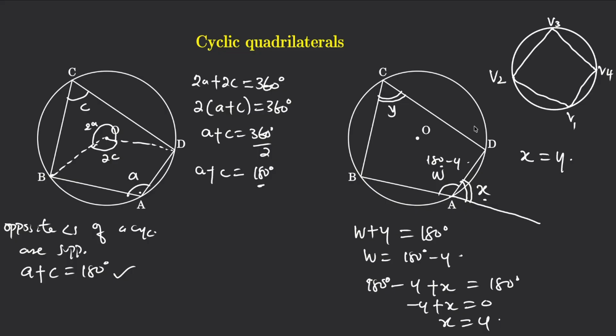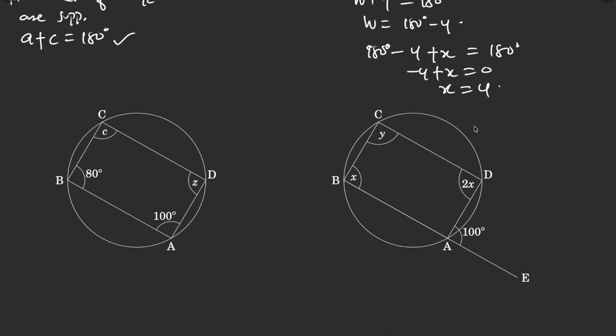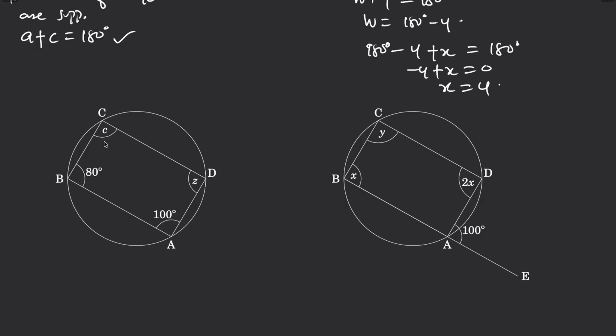So let's look at some examples. In the first example, we have to find C and Z. 80 degrees and Z are opposite angles, so we can say that Z plus 80 degrees is equal to 180. And then we can also say that C plus 100 degrees is equal to 180 degrees.